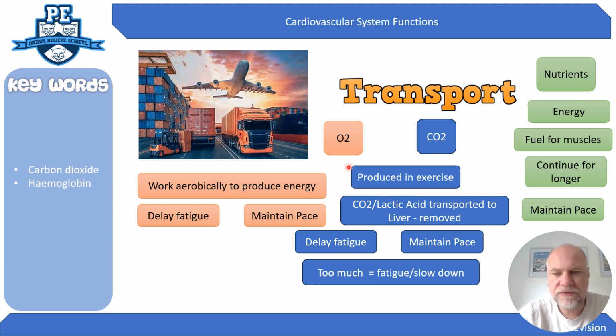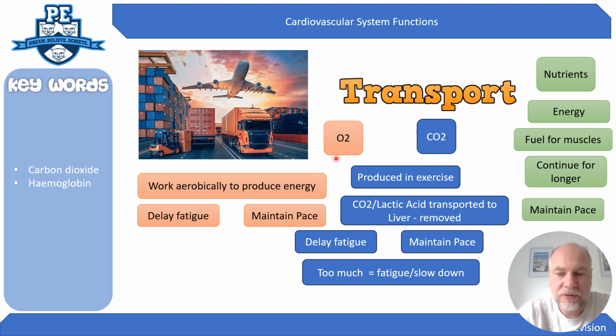So if we start off with oxygen, and I'm sure many of you know this, but just to recap, the cardiovascular system moves the blood around by the heart beating and pushing it through the blood vessels. It will collect oxygen, attached to hemoglobin. So the main role of the cardiovascular system is to transport that oxygen.